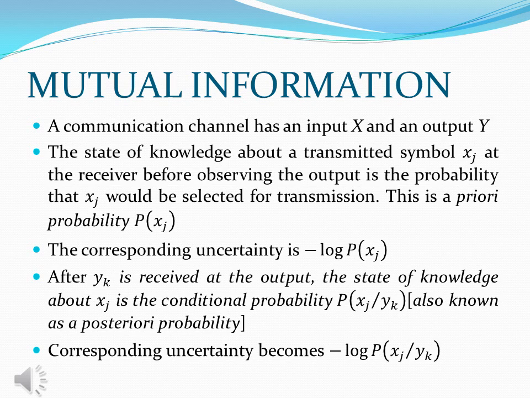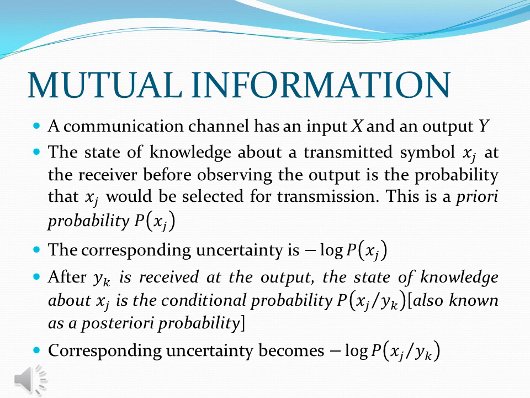Now we come to mutual information. A communication channel has an input X and an output Y. The state of knowledge about a transmitted symbol Xj at the receiver before observing the output is the probability that Xj would be selected for transmission. This is a priori probability P of Xj. The corresponding uncertainty now becomes minus log P of Xj.